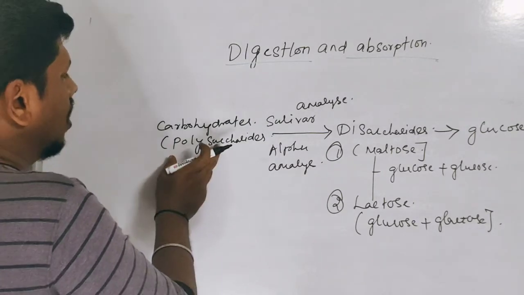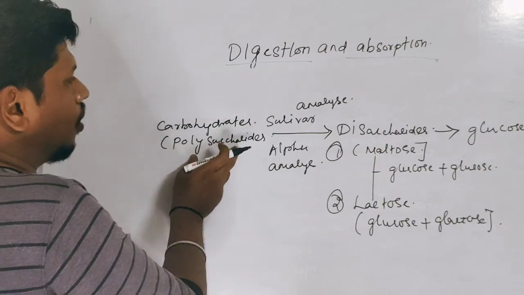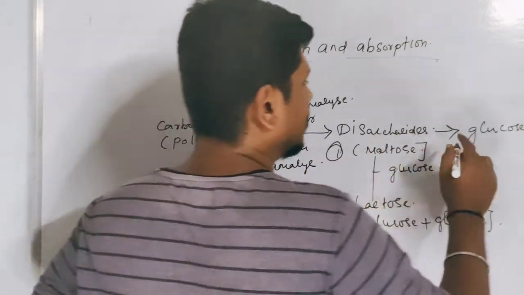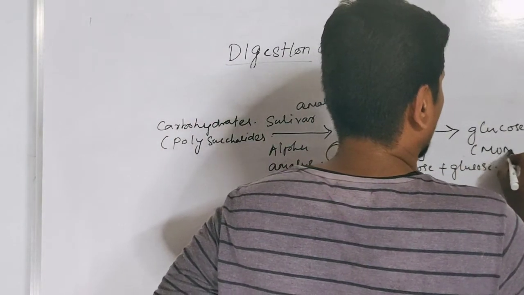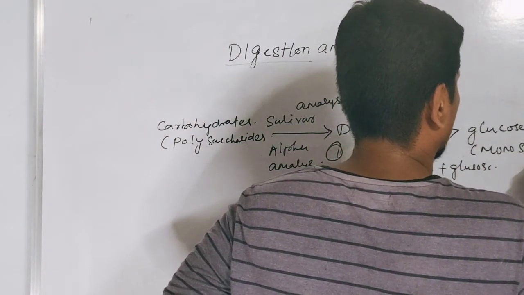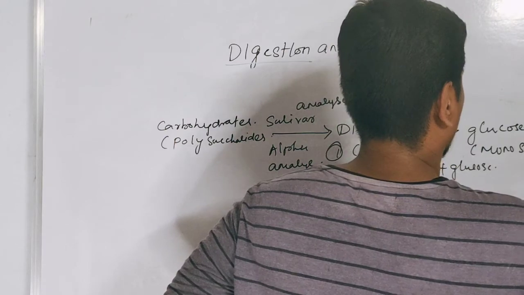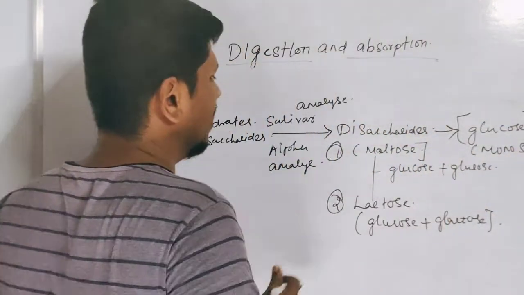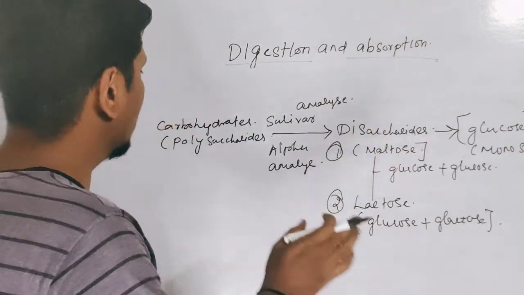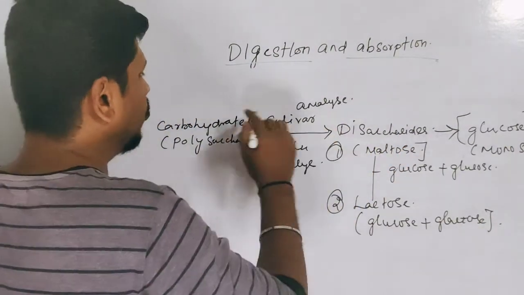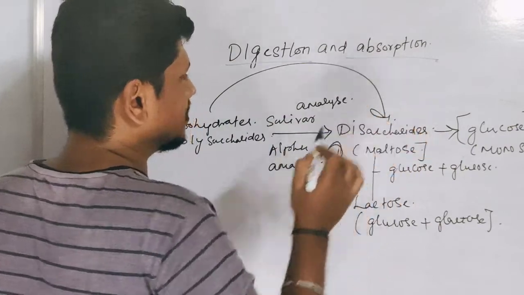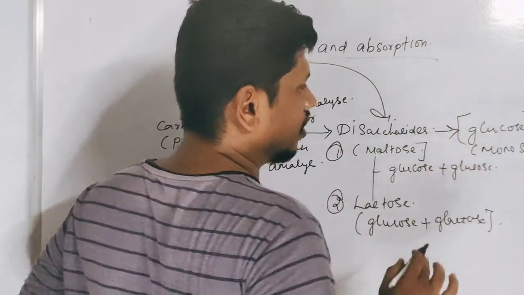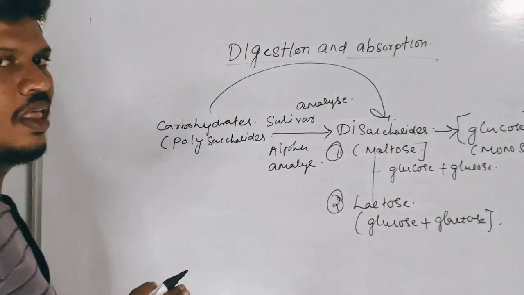Which means our role is that this polysaccharide is converted into a simpler form, which is a monosaccharide. Monosaccharide. Clear? They call it glucose, right? This one is disaccharide. Initially, these polysaccharides are converted into disaccharides, in the case of maltose. Again, this maltose is converted into glucose with the help of amylase.